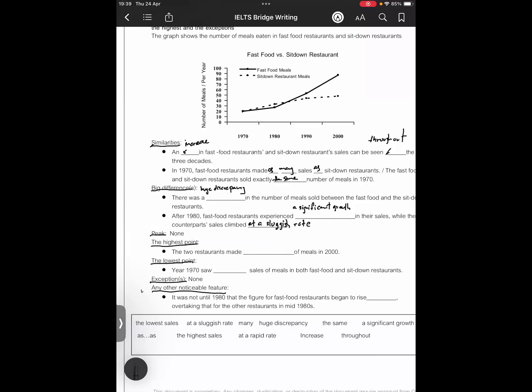Next, the highest point. So the two restaurants made the highest sales of meals in 2000.